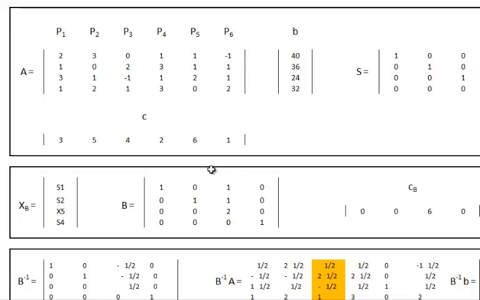So in my B, the column associated with X5 is going to replace the other one. The X5 column, P5, 1, 1, 2, 0, is going to replace the variable which was here, is now X5, so these numbers are here.